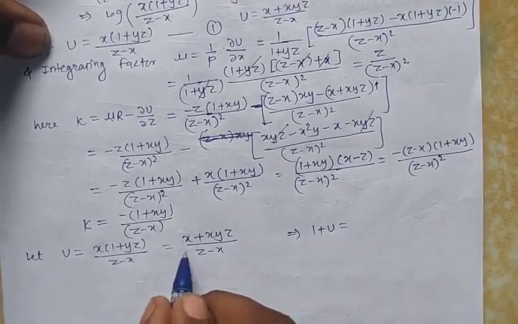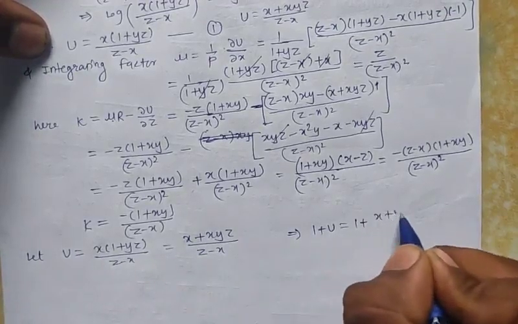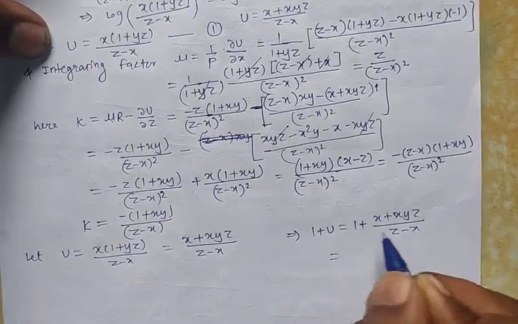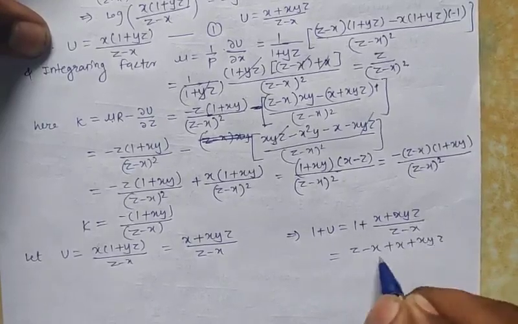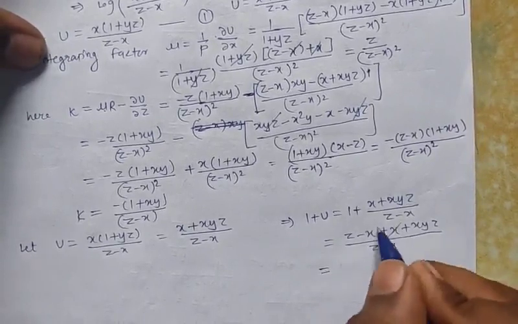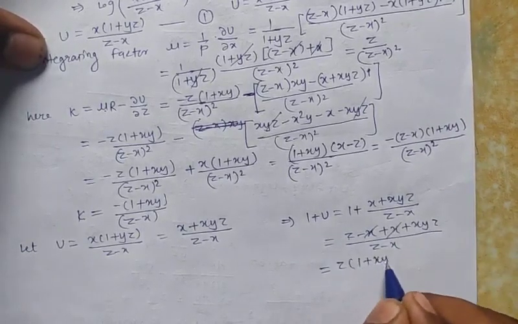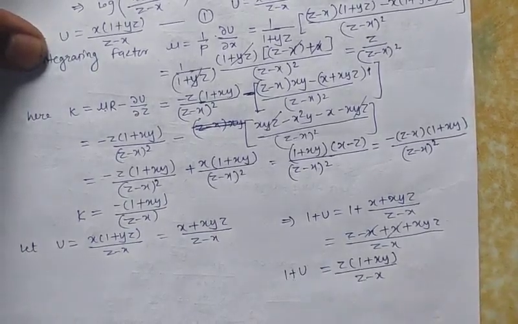So 1 plus u is 1 plus x plus xyz upon (z minus x), which is equal to, cross multiplying, (z minus x plus x plus xyz) upon (z minus x). So plus x minus x gets cancelled, and taking z outside, we get z into (1 plus xy) upon (z minus x). So this is 1 plus u.